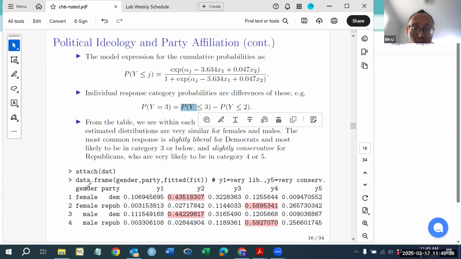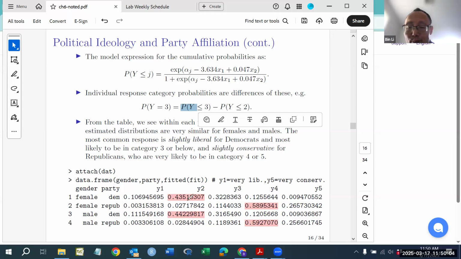And R can also find that out. This one shows the predicted probabilities for all 4 combinations: female Democrats, female Republicans, male Democrats, male Republicans, for all 5 categories.